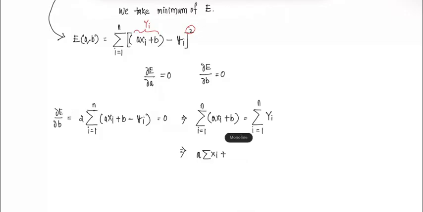B is also constant, and the sum of it will be n, equal to sum of yi. This is the normal equation. Got it?